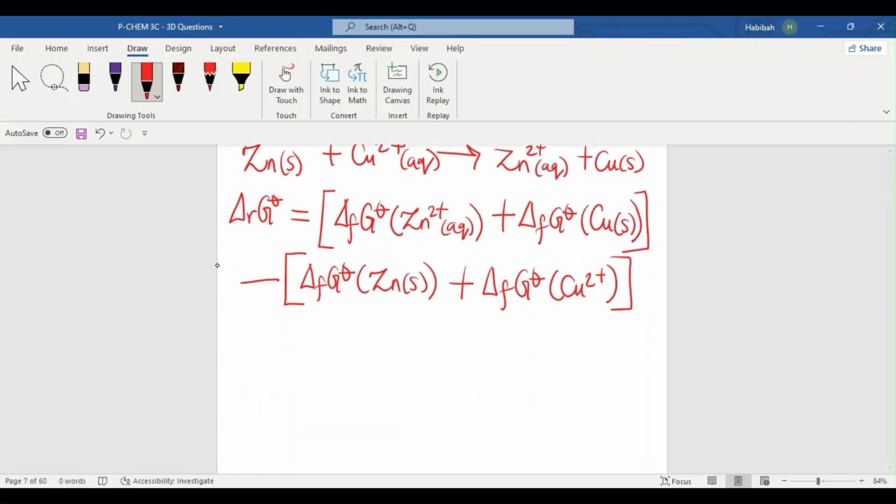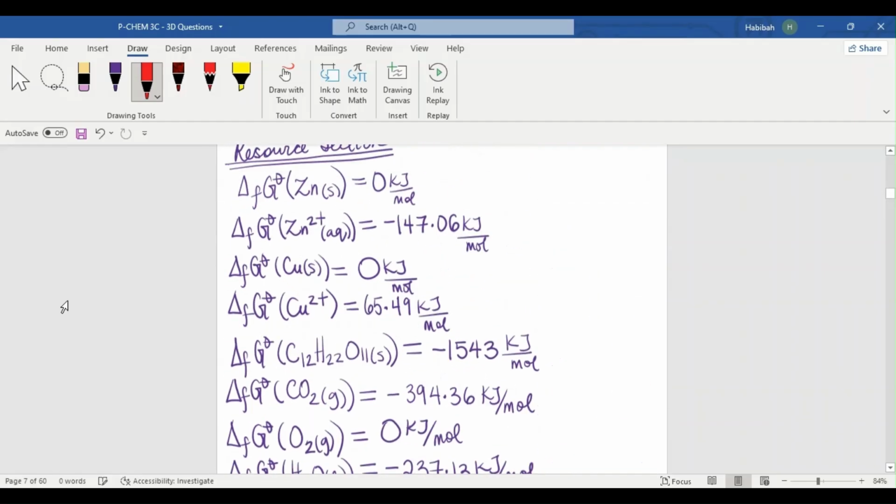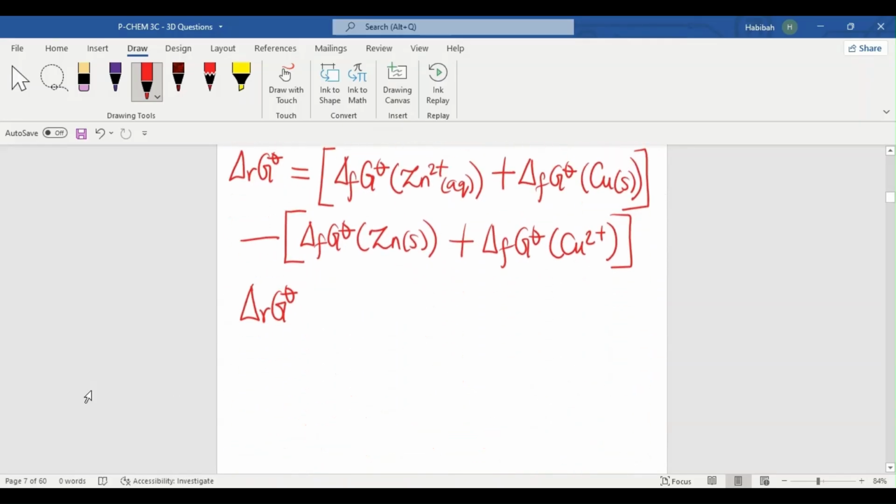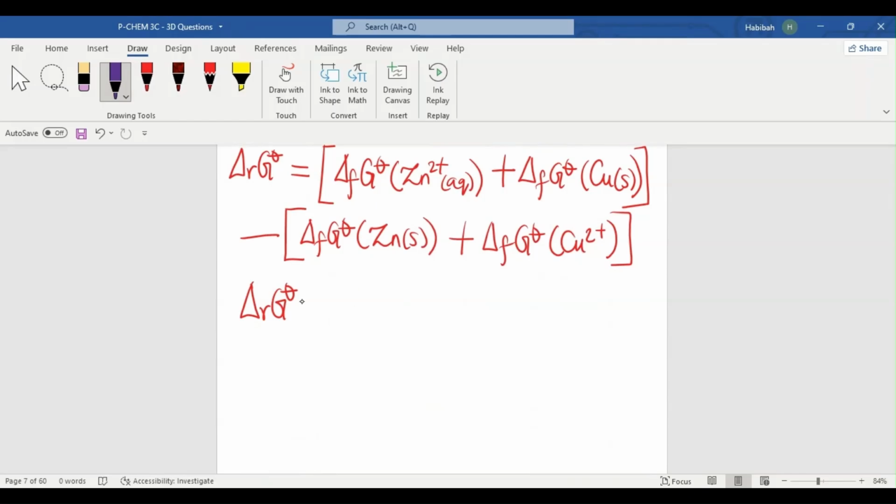So now, of course, we're just going to substitute. What we're going to be substituting is this information right here, for the first reaction. That's why I told you guys to write it, so it's easier for you.